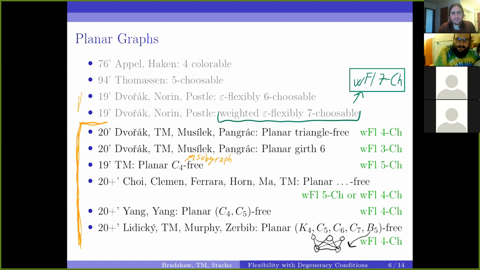Basically, there is a tool to develop reducible configurations, and then everything is done, sometimes by a very elaborate discharging argument. By this, good bounds are obtained for triangle-free graphs and graphs of girth 6. Those two bounds match what's known for classical choosability, so that's the best possible.